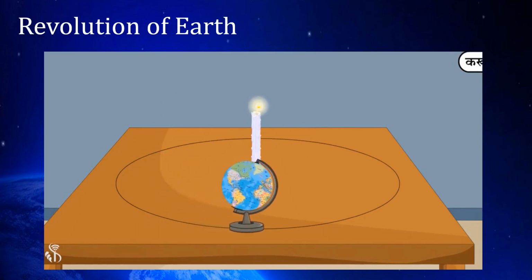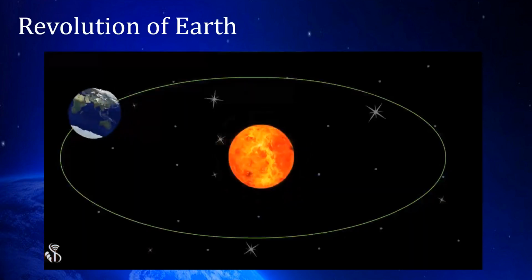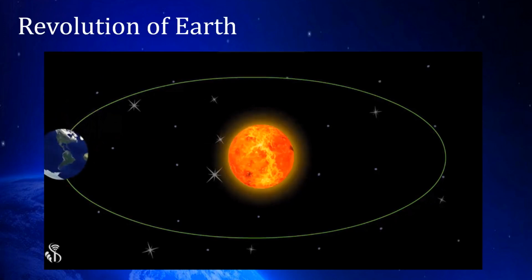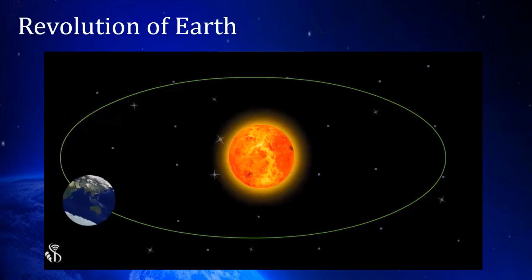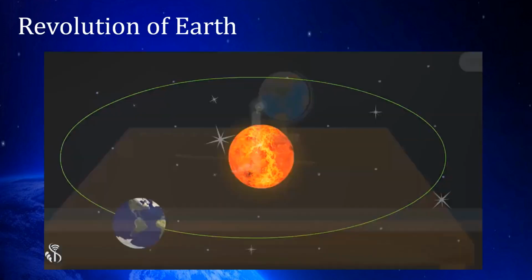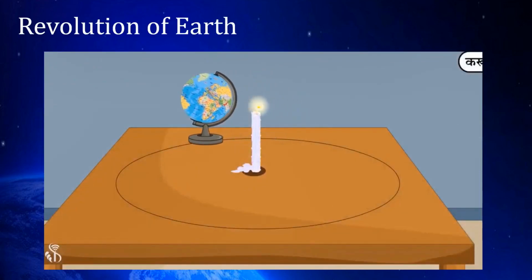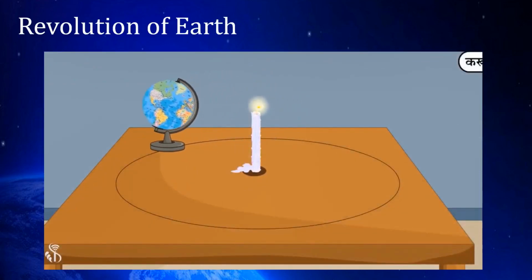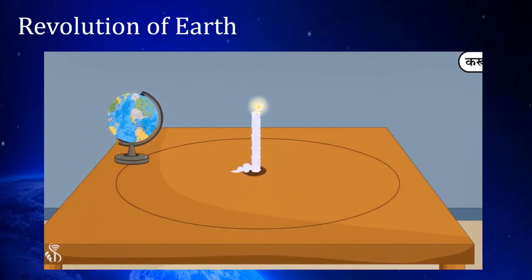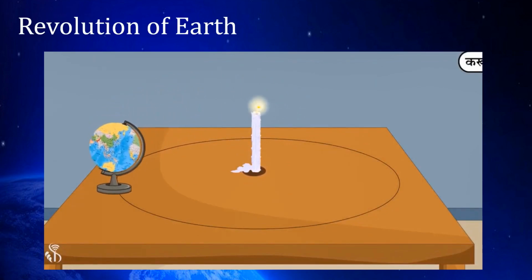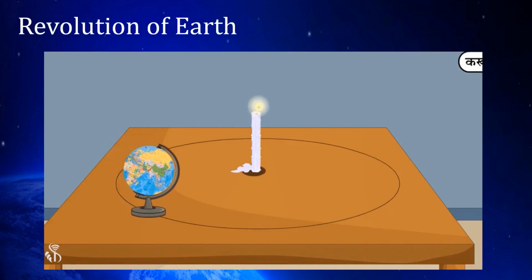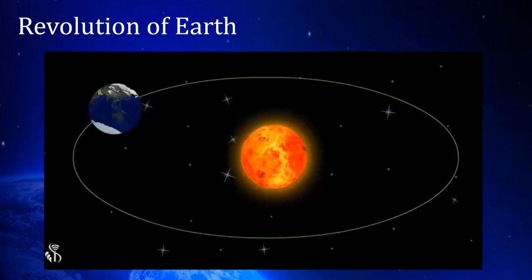As you do this, keep rotating the globe and ensure that the axis does not change its orientation. The globe will come back to its original place on the circle. This is how the earth revolves around the sun, even as it rotates around itself.